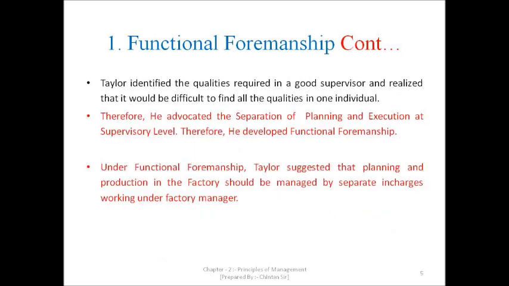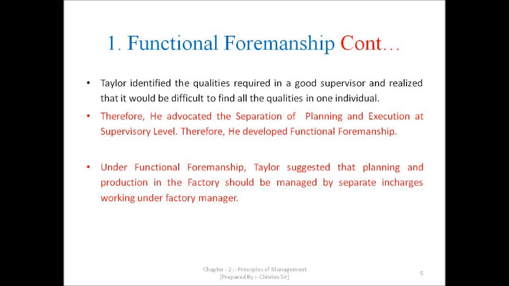Taylor identified the qualities required in a good supervisor and realized that it would be difficult to find all qualities in one individual. We know that it is not possible for all the desired qualities of a good supervisor to be found in one individual.